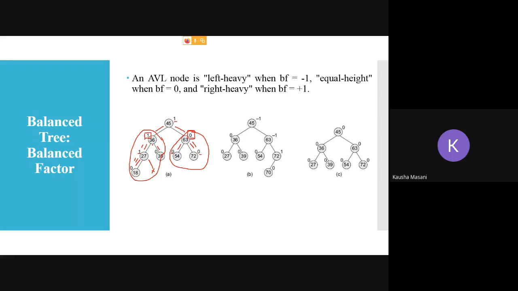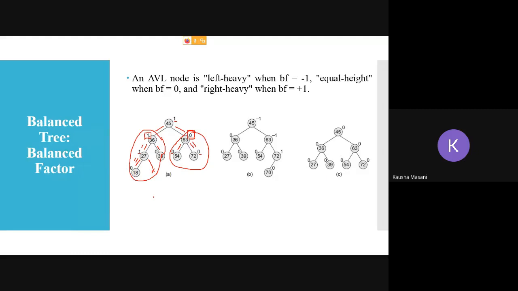Are you guys getting it? Yes or no? Did you guys get it? Can you repeat? Okay. See, every time you are constructing an AVL tree from the given list, the very first property you have to keep in mind is that it has the property of a binary search tree.